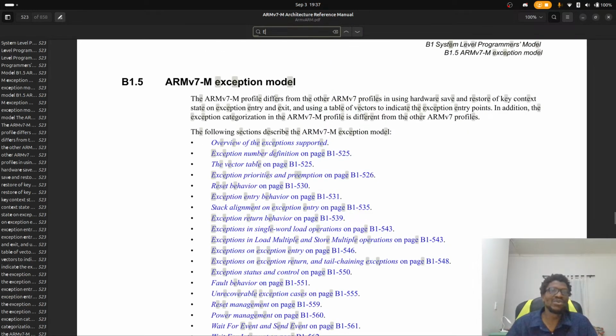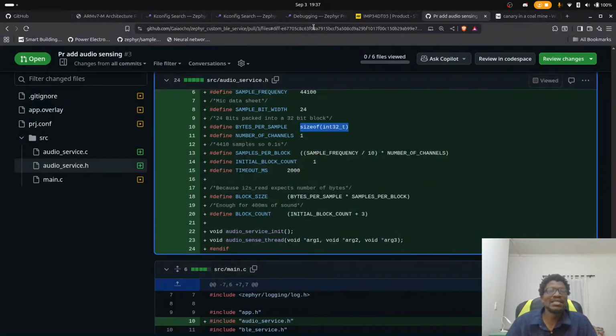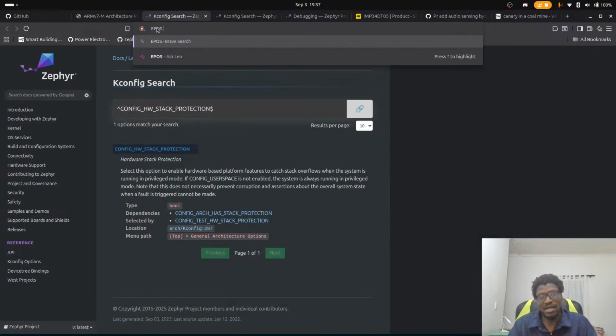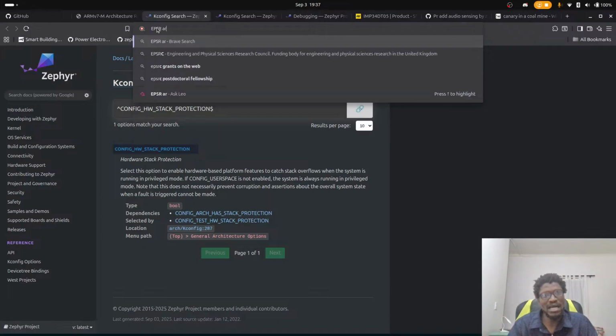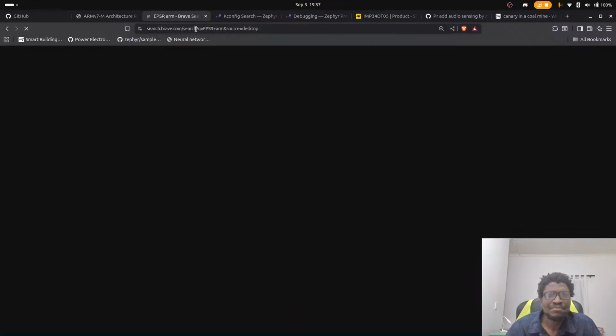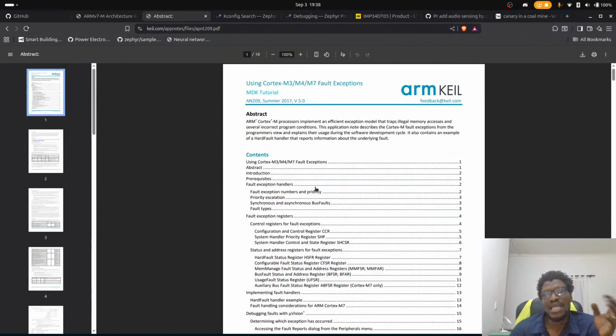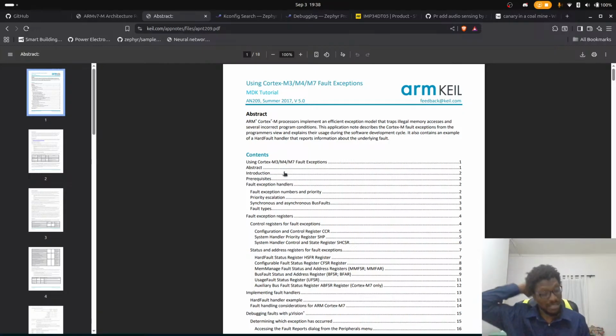If you've never encountered this before, you could start by searching EPSR ARM status register. Cool. You see, if you build up slowly, finding the next breadcrumb, you can build up to what the problem is.